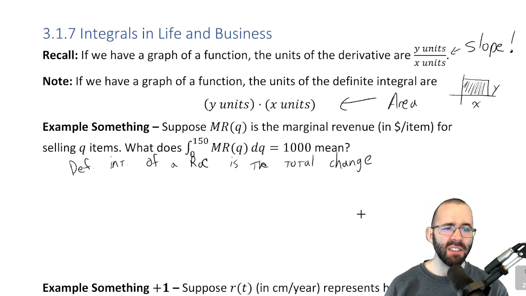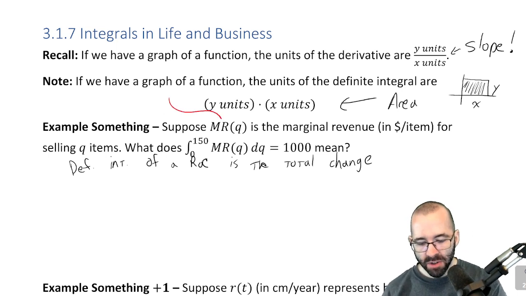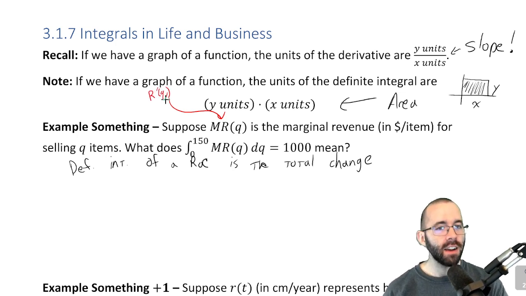Well, using kind of the official business one, it's not really. Marginal revenue is just the extra revenue of the Q plus 1th item, the next item at a production level of Q. But remember how we found marginal revenue in calculus. That was the derivative of the revenue function. It is a rate of change.